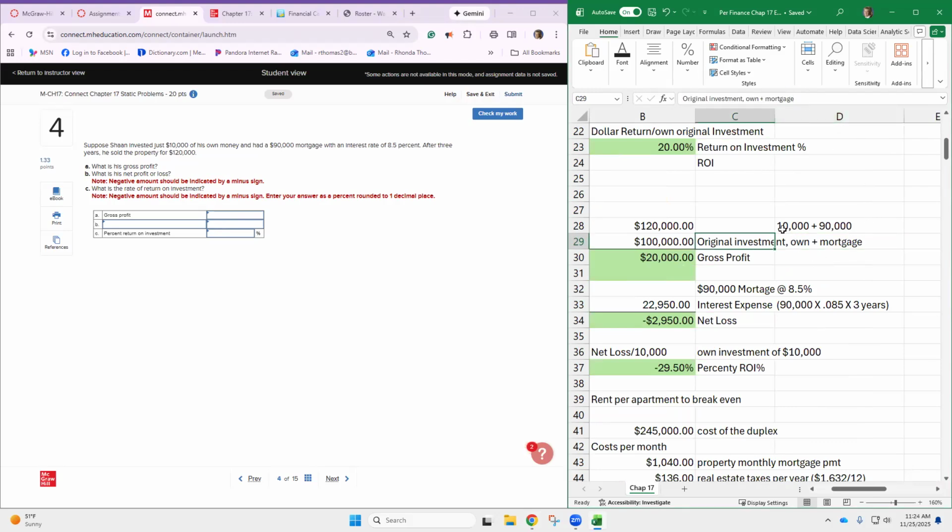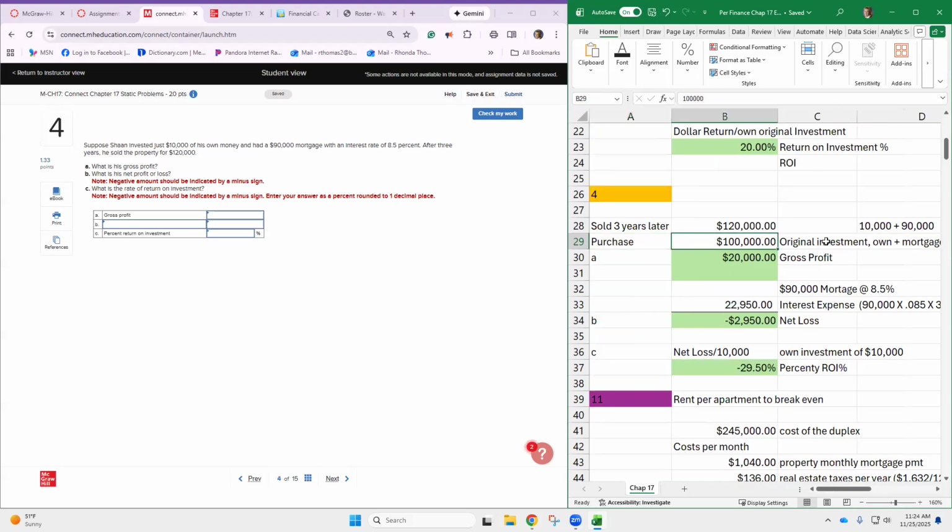You agree with that? Yep. And once again, I have it noted here that $10,000 is his own money and $90,000 is the mortgage. So that's how I'm getting the $100,000 for the original purchase amount. And then 3 years later, he sold it for $120,000.